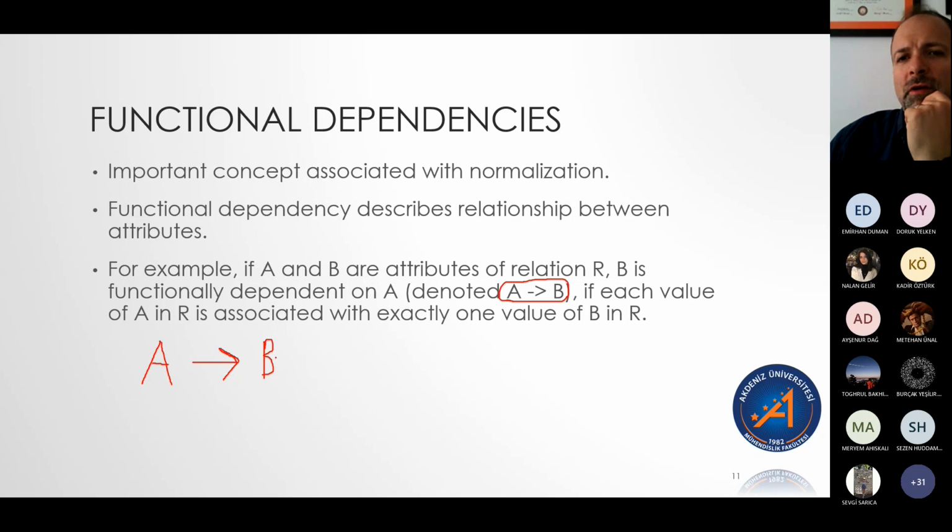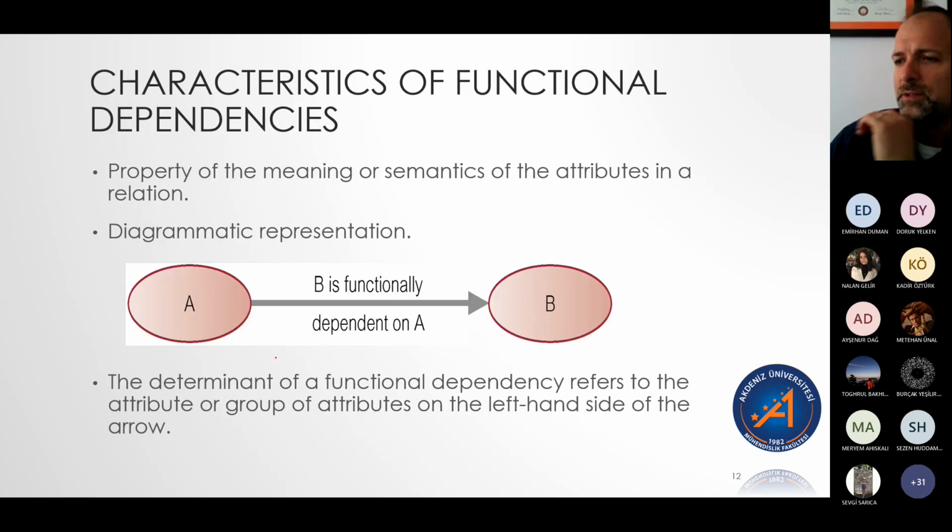B is the value determined. Determinant is one of those fancy words I do not expect you to memorize. It's not a bad word to know, but I don't expect you to memorize it. The left-hand side of the arrow is the determinant.